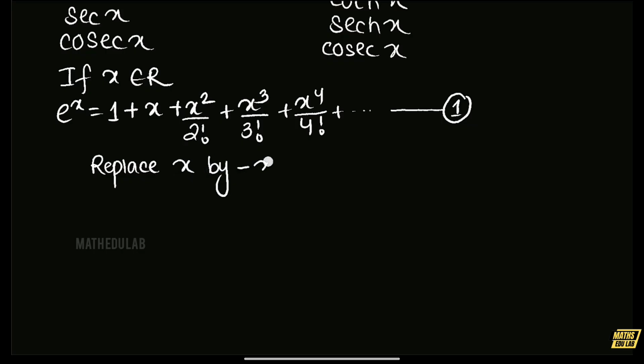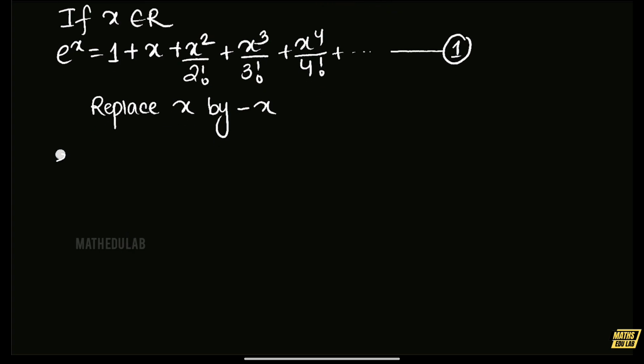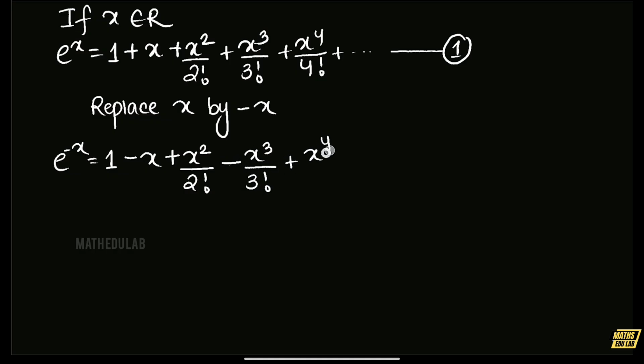On replacing the terms, I will get e to the power of minus x equals 1 minus x plus x square by 2 factorial minus x cube by 3 factorial plus x to the power of 4 by 4 factorial, then minus and so on.